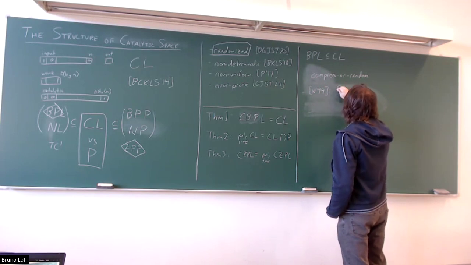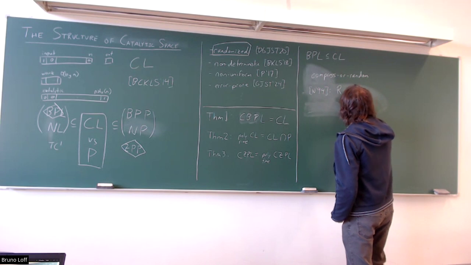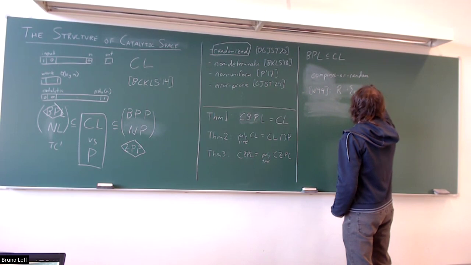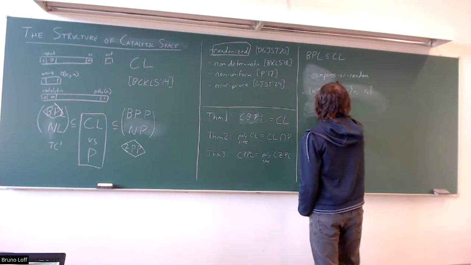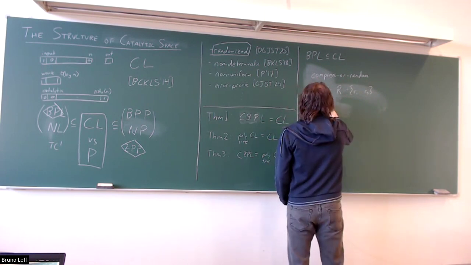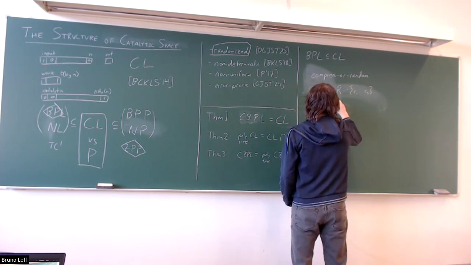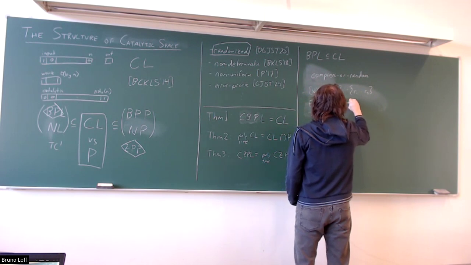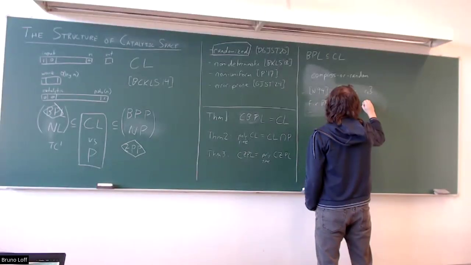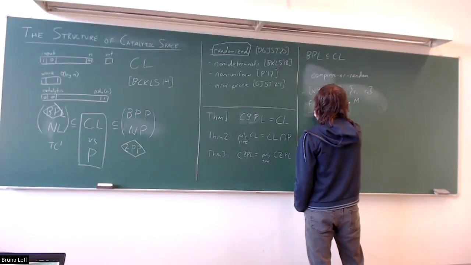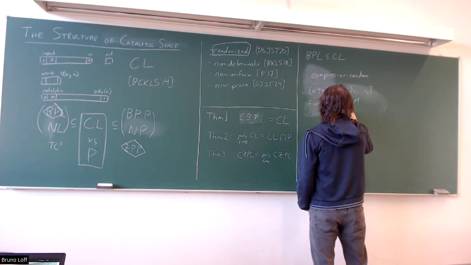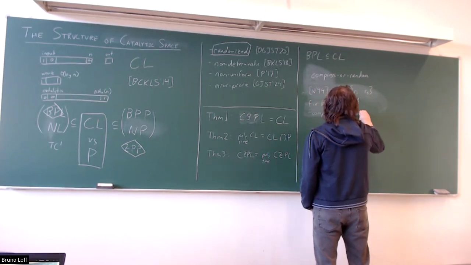So let's take a collection of random strings, potential random strings R. And we're going to fix a BPL machine, capital M, computing a function f, and fix an input x.